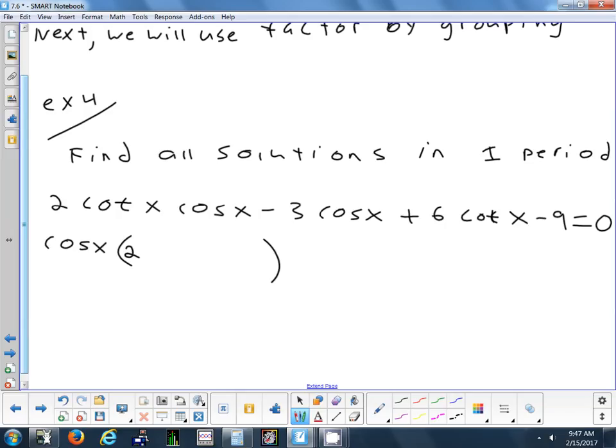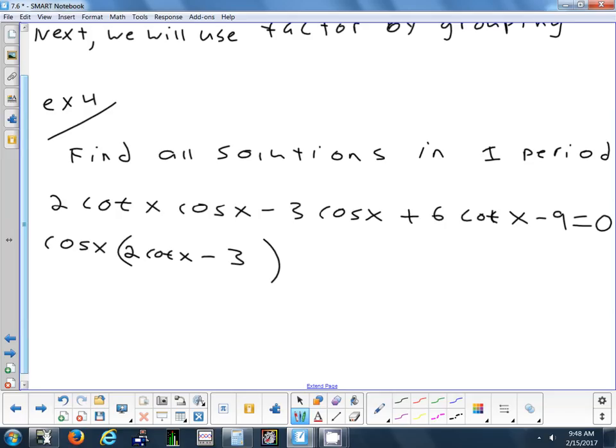Two cotangent. Because if you distributed it back out, you'd go right back to what you started with. And what if you factor it out of the second term? 3. Because if you distribute it back out, you'd go right back to what you had.